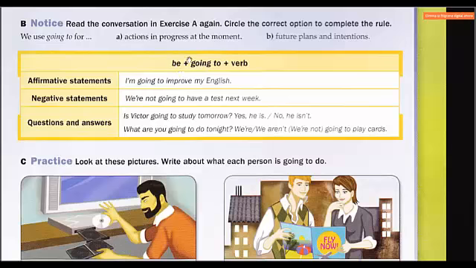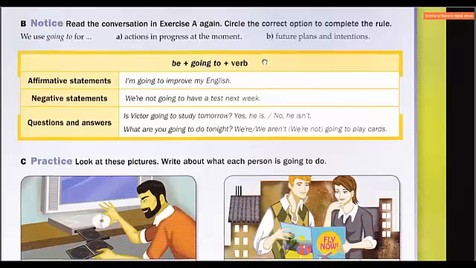As you can see now, this is the structure we're going to follow, okay? Be plus going to plus verb. We usually have affirmative statements, negative statements, questions, and answers, okay?